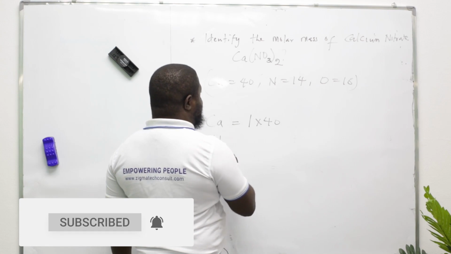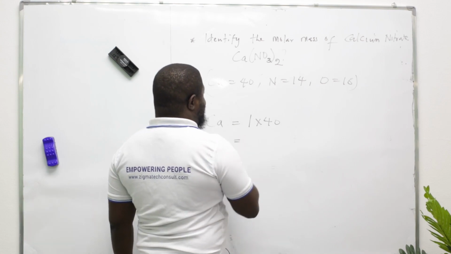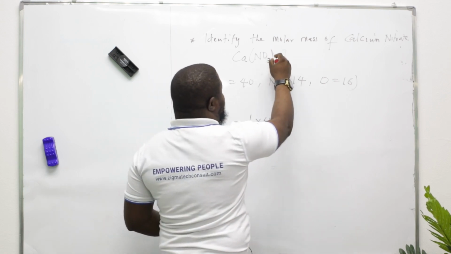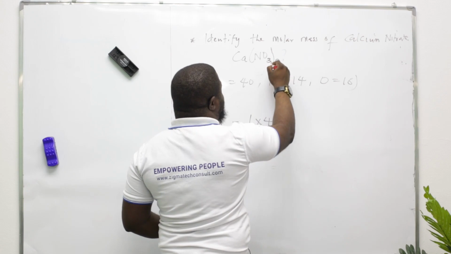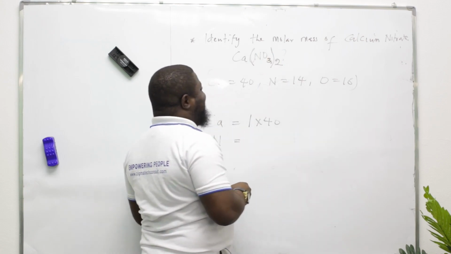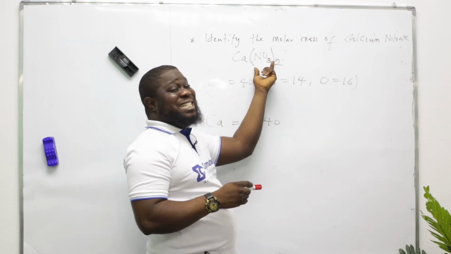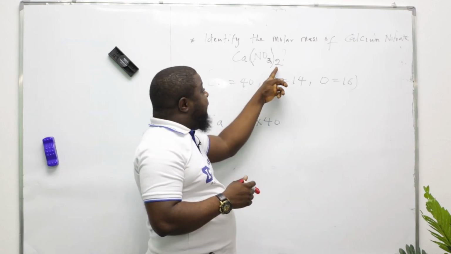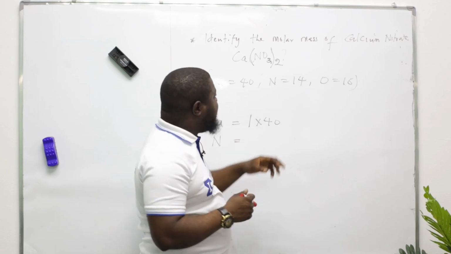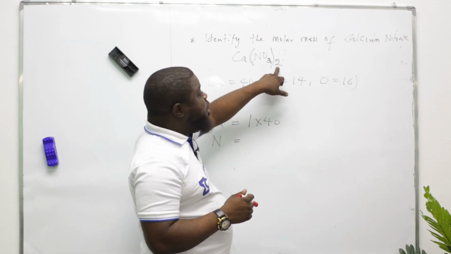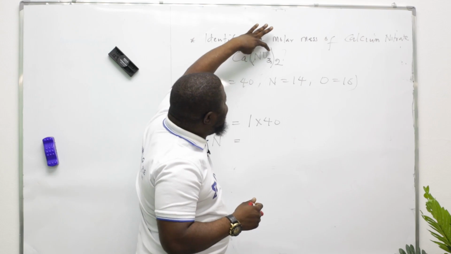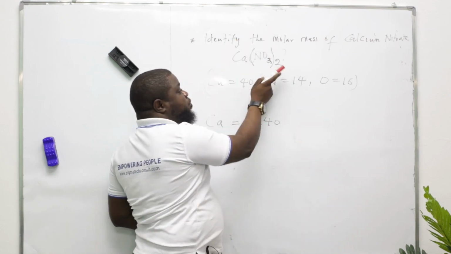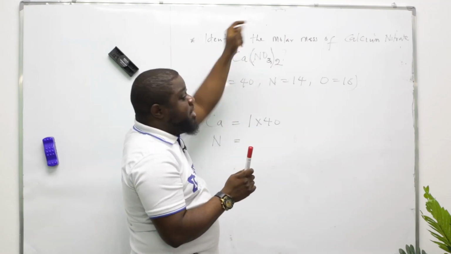For nitrogen, that is the problem. It's not 1. Why is it not 1? Because this nitrate formula has a number of atoms inside, and this number will affect what is inside the bracket.